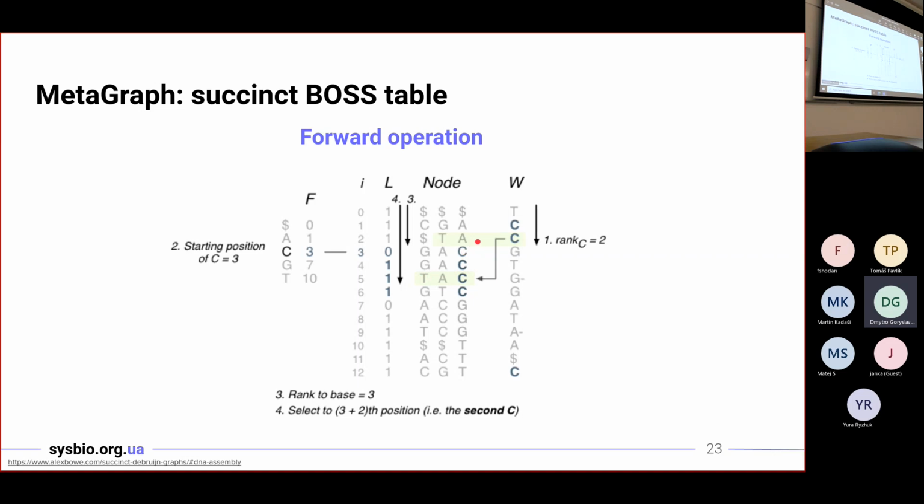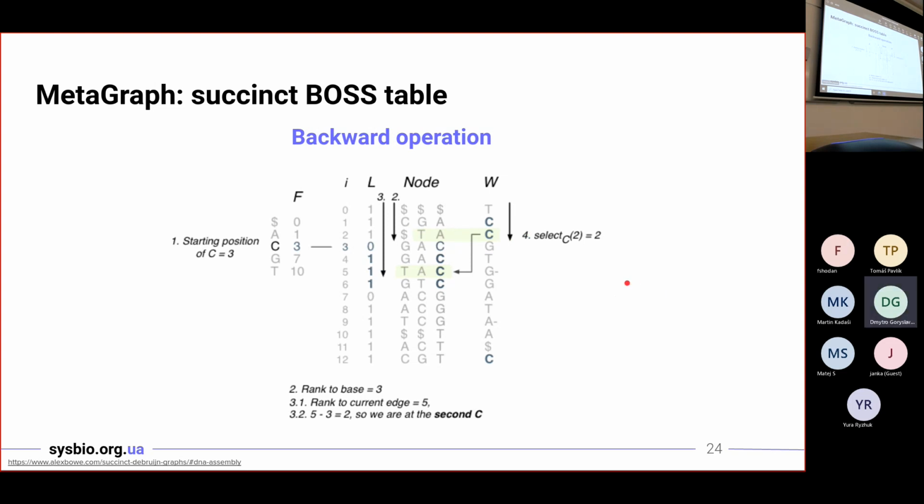We can make sure that this works correctly: to obtain its direct successor, we shift this label by one symbol to the left and obtain TA, and add the C symbol to the right and get TAC. So yeah, that works.